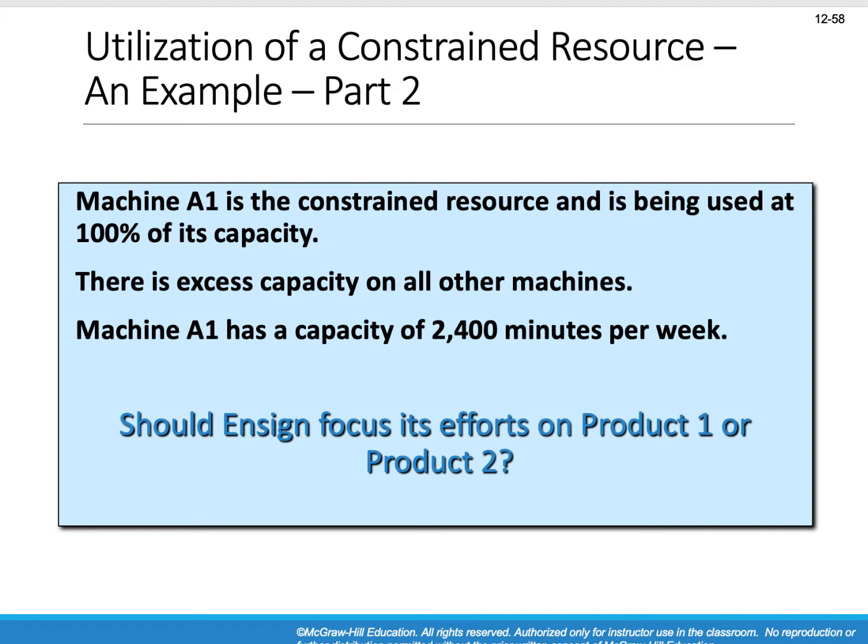The first thing we're going to look at is how much output I can get out of machine A1 looking at product 1 and product 2.